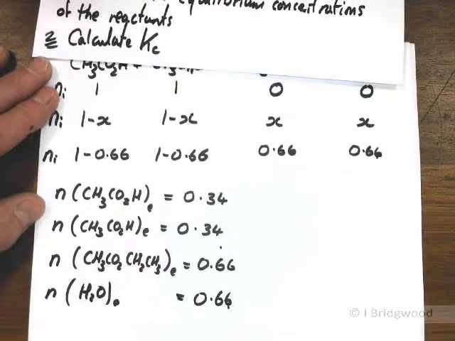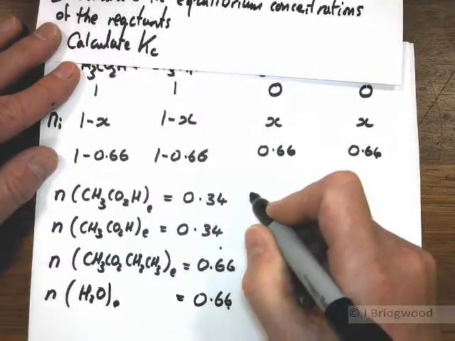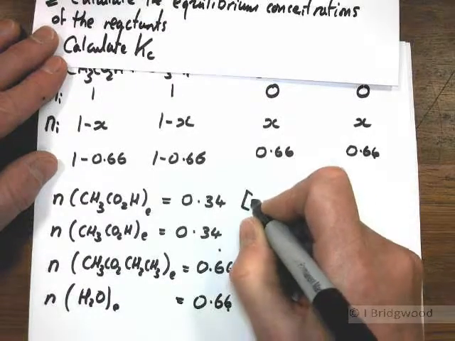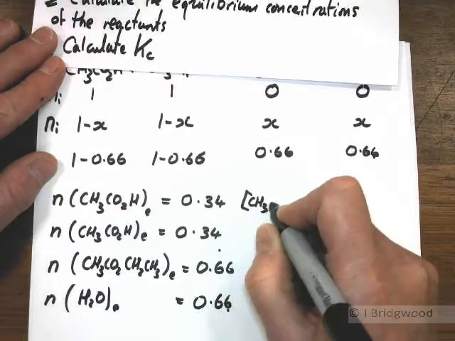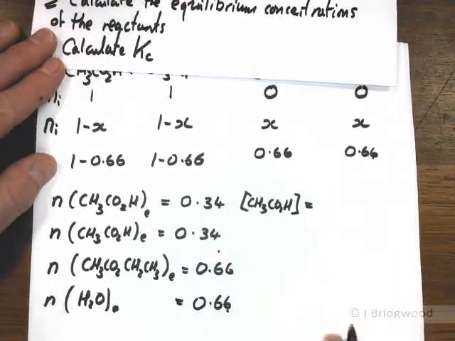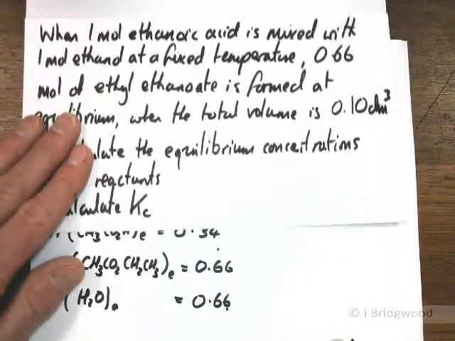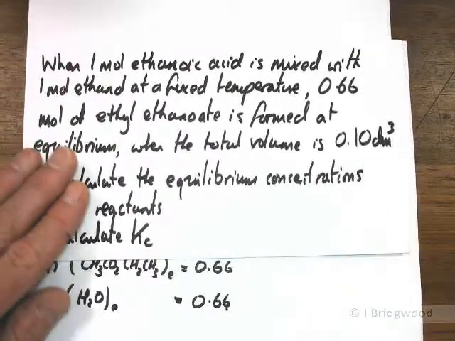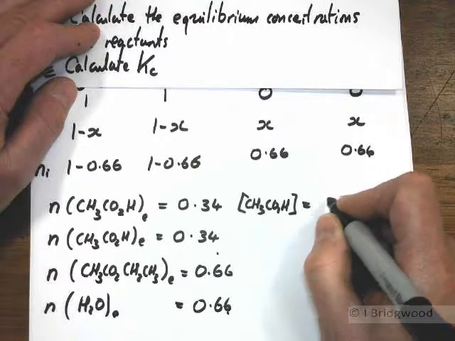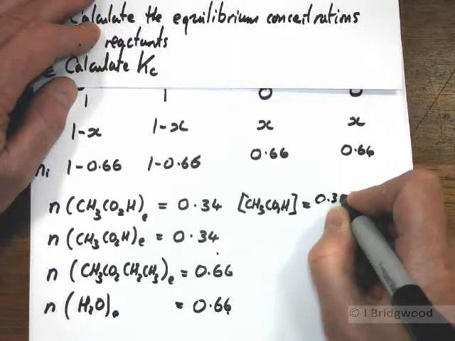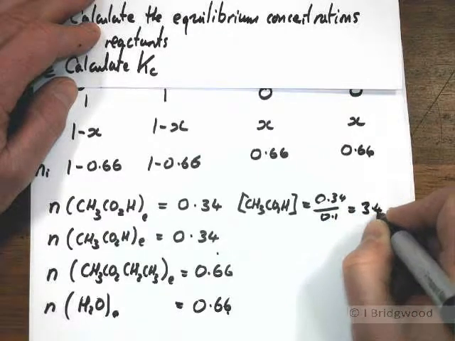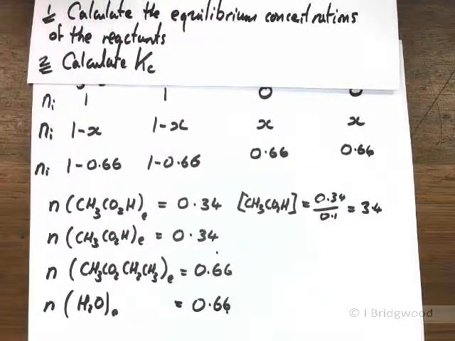So that's fairly straightforward. So our concentration of ethanoic acid is going to be the number of moles over our volume. Well, our volume is 0.1 cubic decimeters, which is 3.4 moles per cubic decimeter.